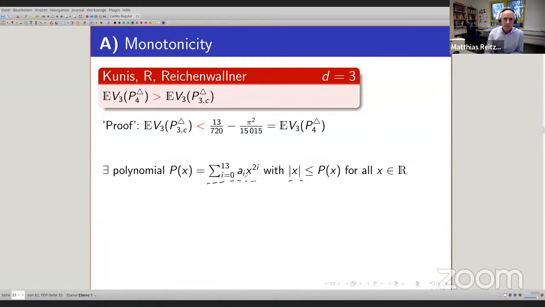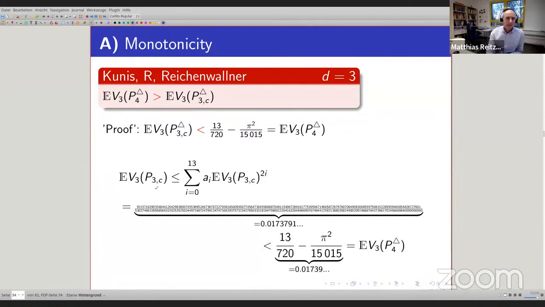And the even powers, this is something we can deal with. So the point is, we have the absolute value of the determinant, and we approximate it by the determinant to the power 2i. And this can be done, and this thing here is impossible.